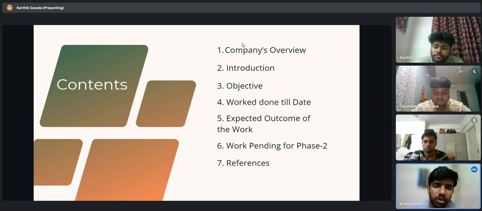The objective is why we chose this company and what we are going to do with its data. The expected outcome will be the representation of the profit and loss of the company over 10 periods, 10 years. And last, we will be presenting the total representation of the data in Power BI. Next slide.